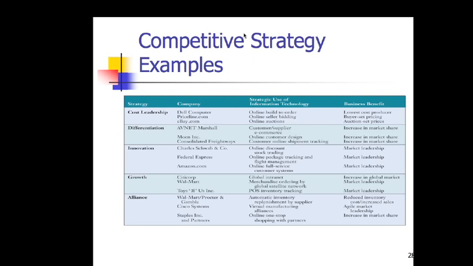Because the better the relationship, the more profitable normally, or the more effective the company can be. I think this was the summary chart of the competitive strategy examples.